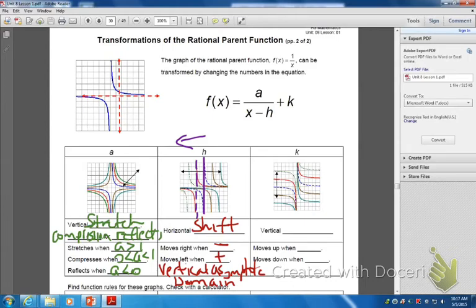All right, and here's our K. What does our K do? Vertical, so it shifts it up and down, vertical shift. It moves up when K is positive, and it moves down when K is what?